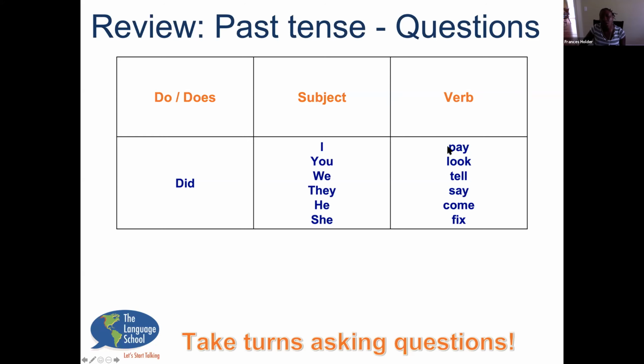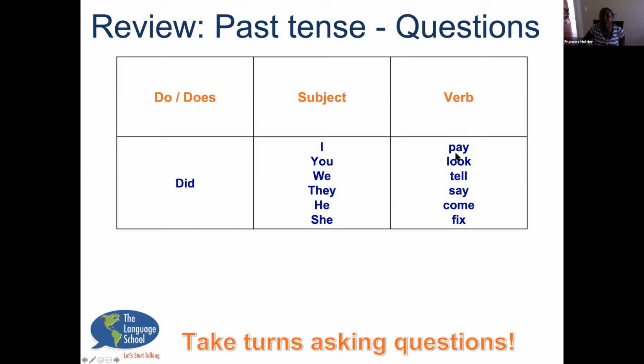So yeah, we should probably have looked at the past tenses of these verbs, just to make sure that we're happy, because if someone asks you a question with these verbs and you need to reply in the affirmative, you will need to know what the past tenses of these verbs are.